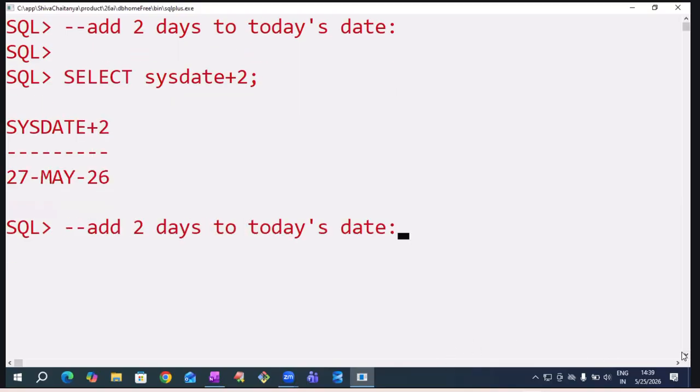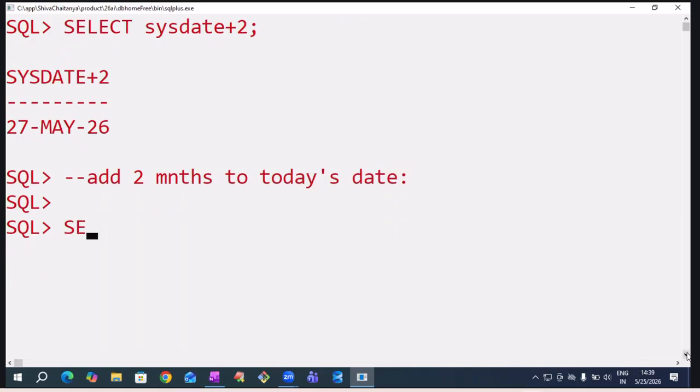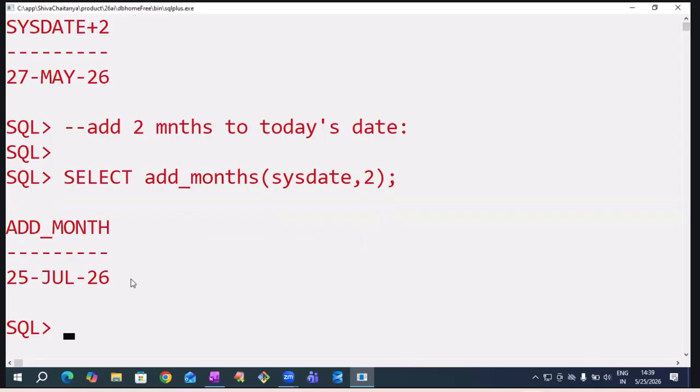Now, I want to add 2 months to today's date. How to add? Select add months of sys date, comma 2. 2 months will be added. After 2 months means July. See? 25th.